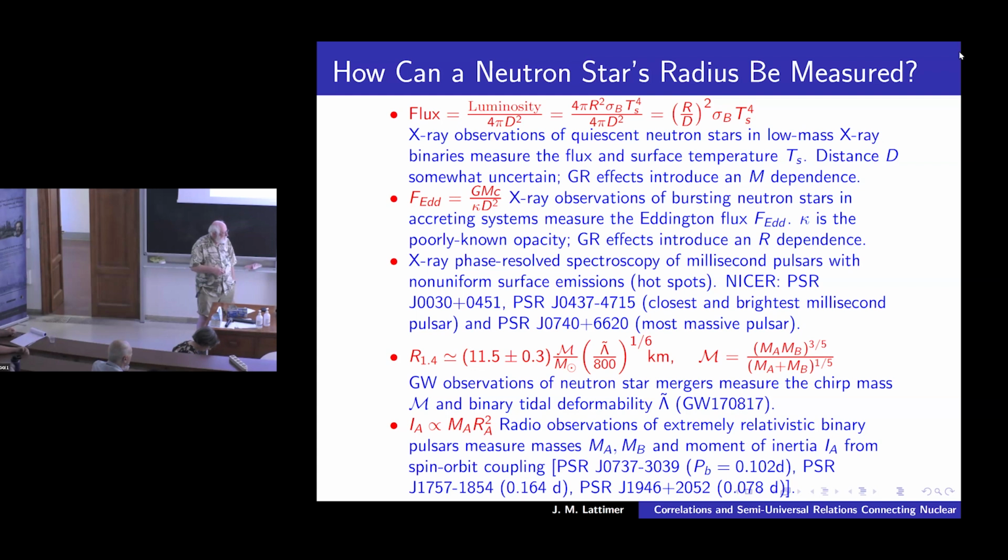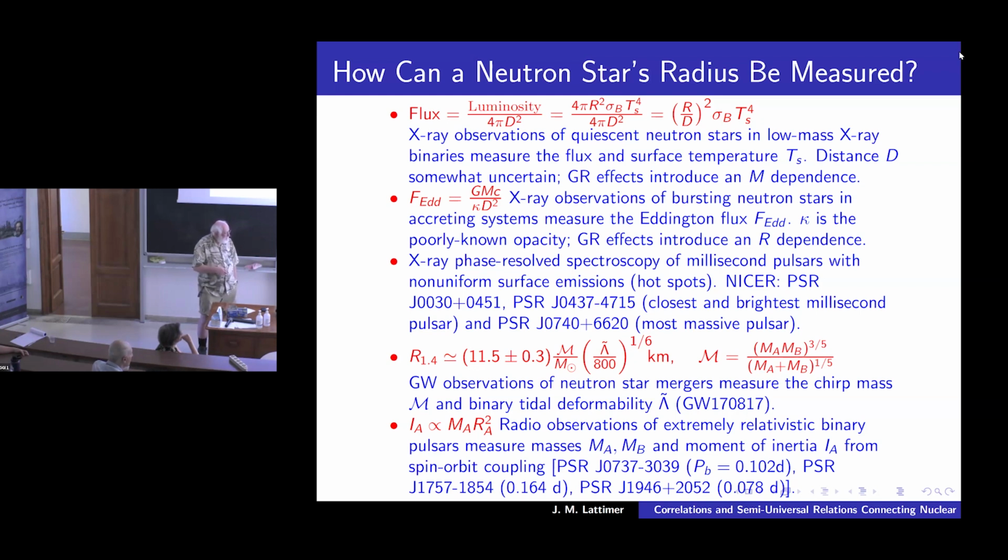So there are three systems for which spin-orbit coupling is measured and for which the moment of inertia measurements are theoretically possible at present. J0737 has a binary period of 0.1 day. This system has a period of 0.16 days. And this newly discovered system has a period of only 0.08 days.